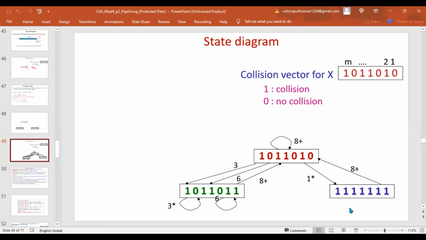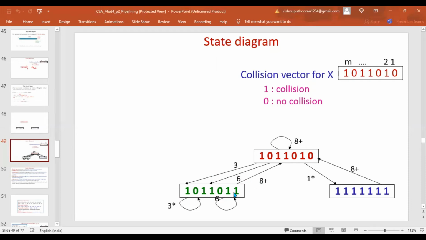And we again do the same operation: if there are zeros in the new state, then we do the same operation again and again until no new states are generated. So there is 3, 6, and 8 plus.